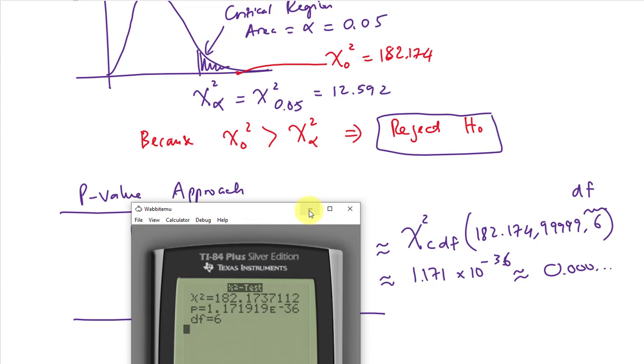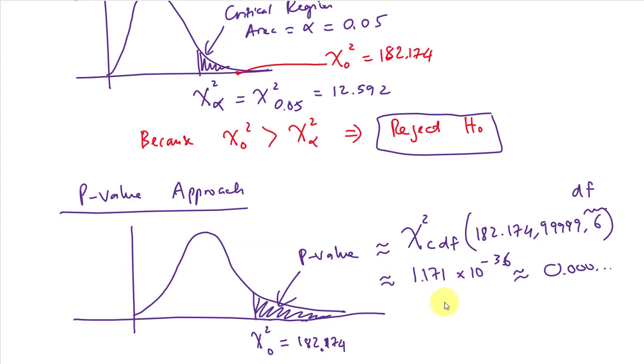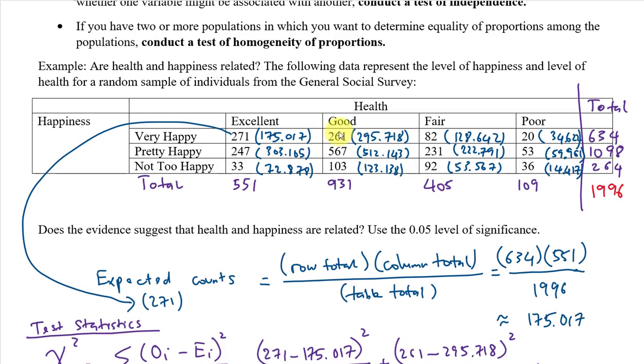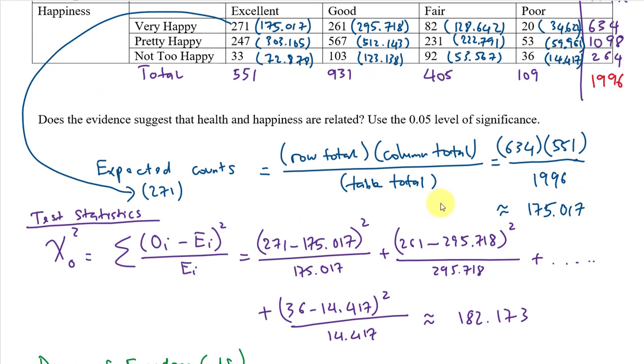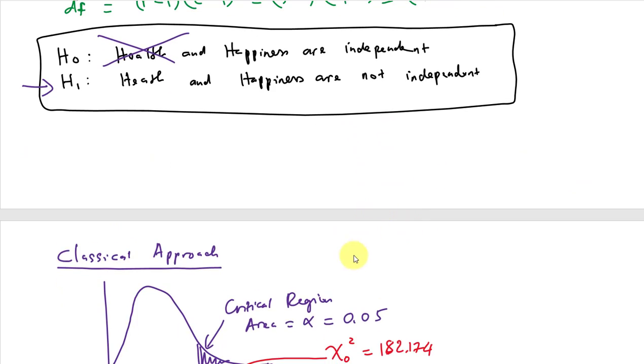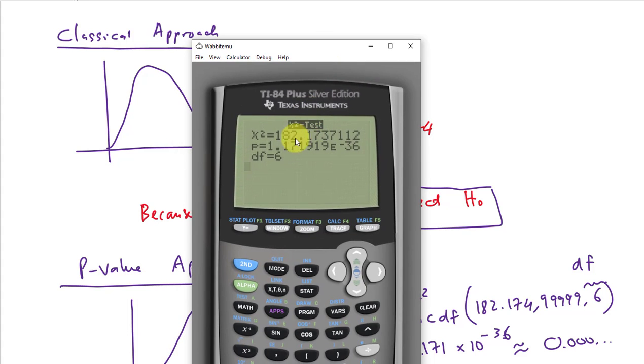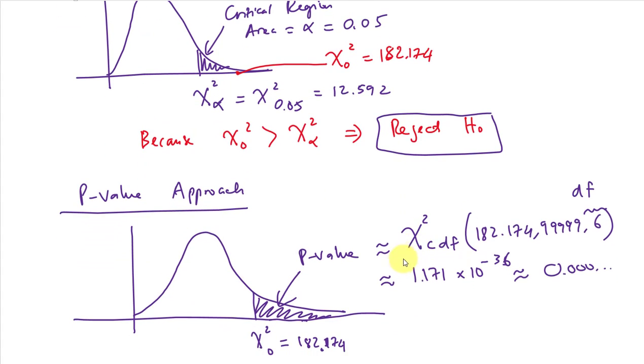So everything is matching our hand calculations. We went over the whole thing for like half an hour to carry out all of these calculations. And now with just a few simple clicks and using the chi-square test, you have everything. The p-value is what we need at the end so that you can make the conclusions.